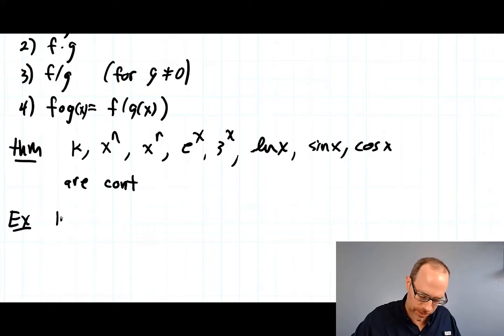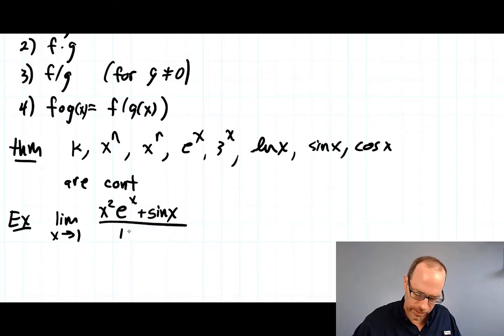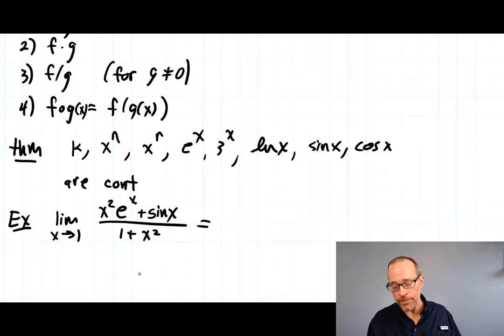So let's look at the limit as x goes to 1 of x squared e to the x plus sine x, all over 1 plus x squared. Well, I look at this. Every piece, x squared, e to the x, sine x, 1, those are all continuous functions. So when I slap them together, they stay continuous. And I haven't divided by 0 because as x is going to 1, the denominator is getting close to 2, which is not 0.